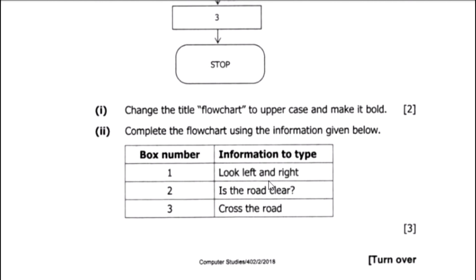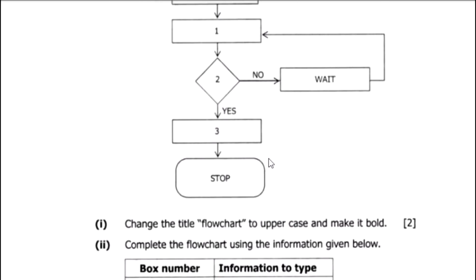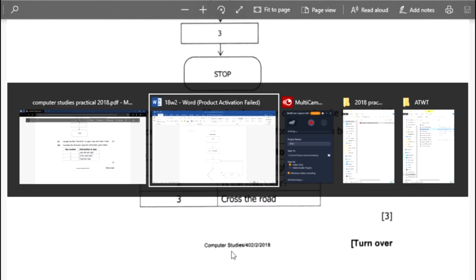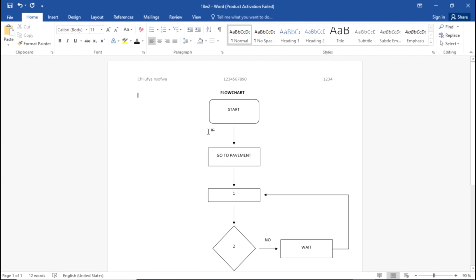For box number 1, we should type this information, look left and right. So let us type that. So this is box number 1. So let us just delete that one and type look left and right.